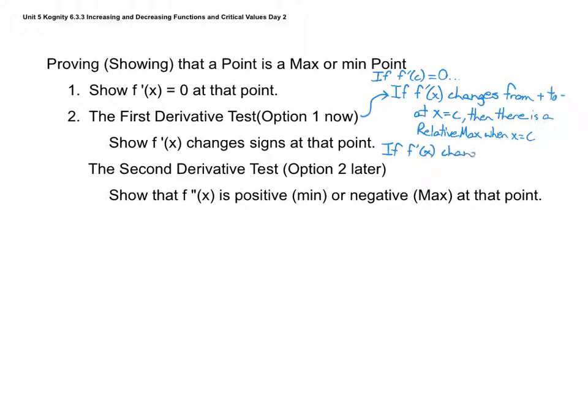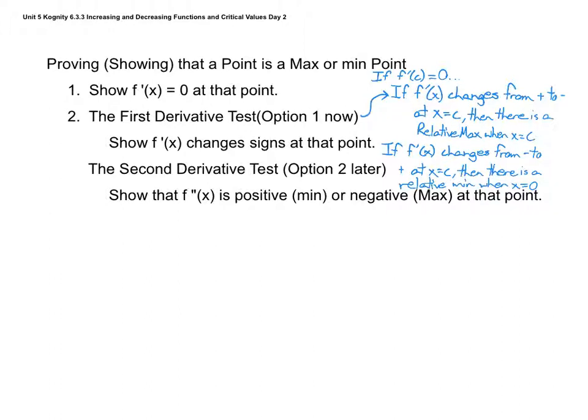Okay? On the other hand, if f prime changes from negative to positive at x equals c, then there is a relative min when x equals c. Okay? Now, what's the third alternative?